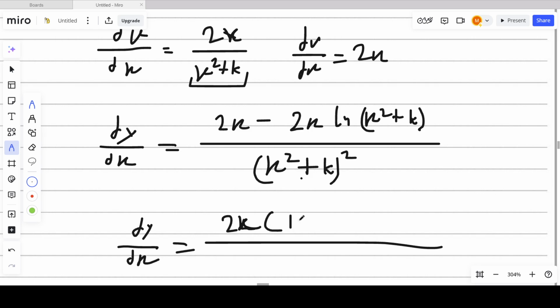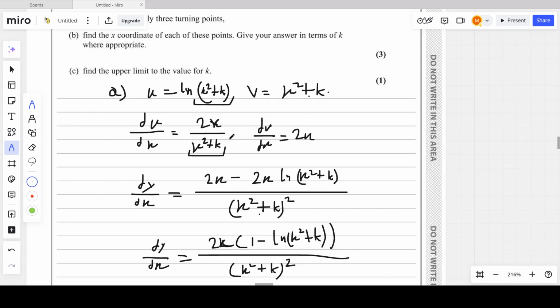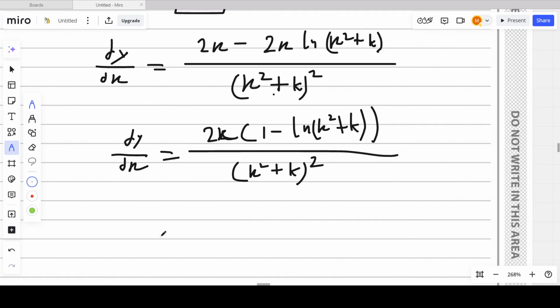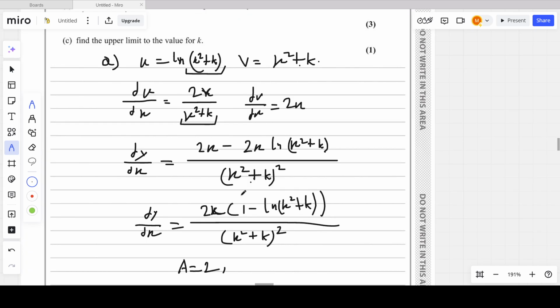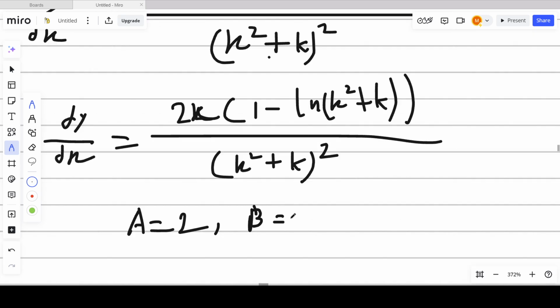Twice of x goes to 1 minus ln(x squared plus k), over x squared plus k whole squared. That's what they wanted. So a is 2, and the value of b is just 1. That's the answer.